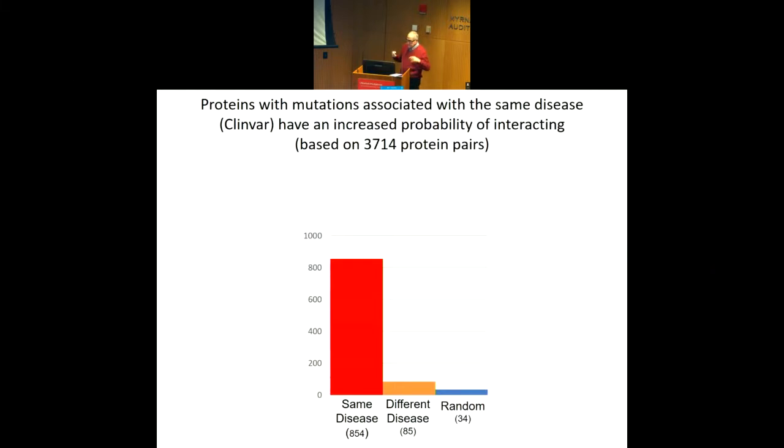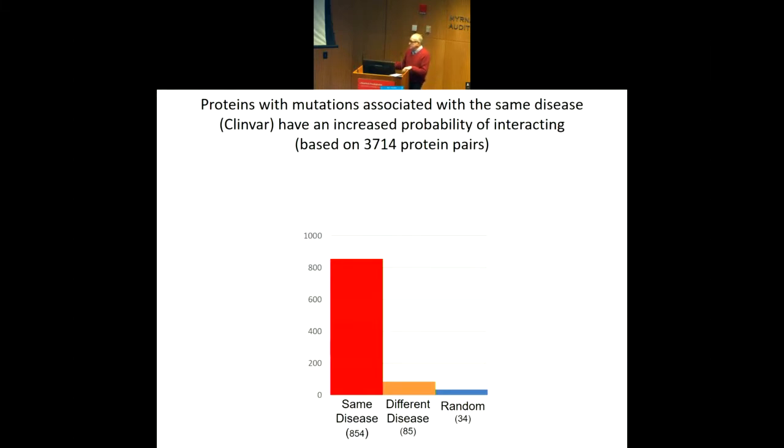Now getting on to the evaluation of SNPs, or different mutations, we looked at the ClinVar database, and we asked, are proteins that come from the same disease likely to interact with each other? Out of 3,700 proteins from the same disease, we predict that 800 physically interact with each other.